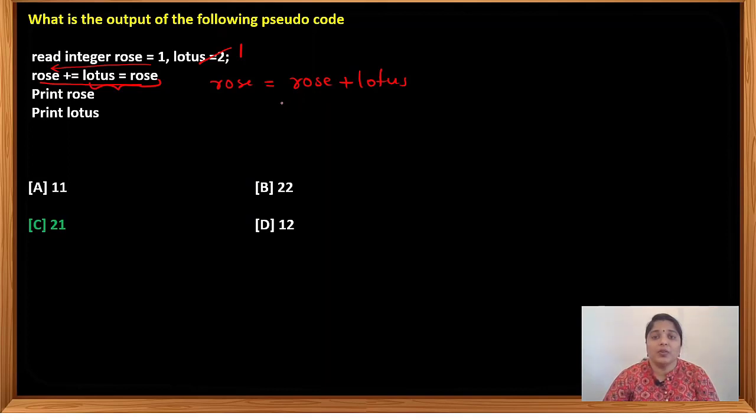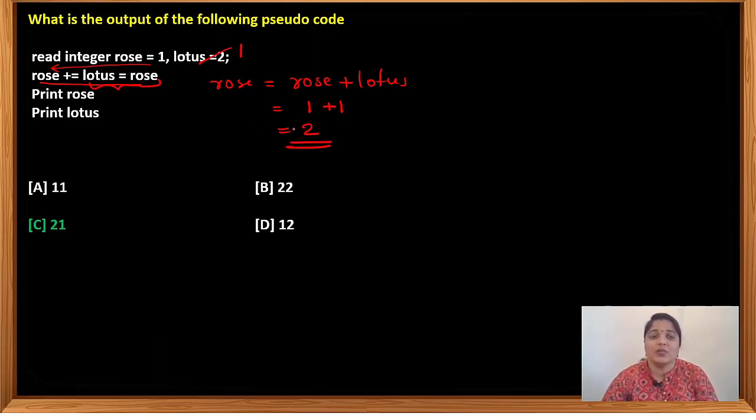What is the value of rows? 1. Now what is the value of lotus? Lotus is also 1. So the answer is 2. If you don't evaluate it from right to left, your answer may go wrong. So associativity is very important in this case.